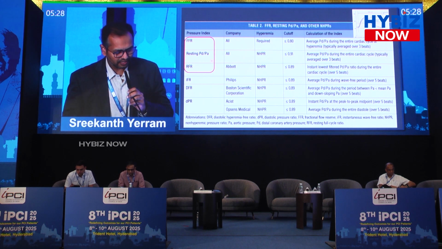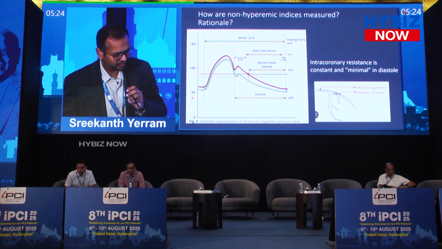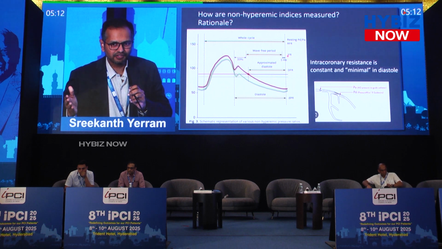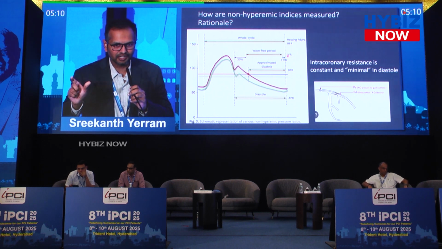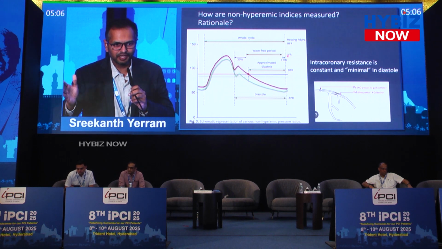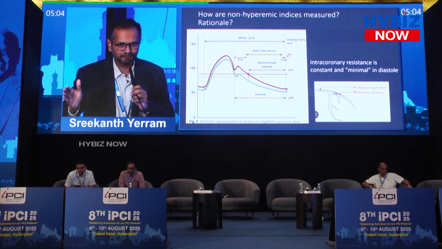If you look at this cardiac cycle, the IFR measures the Pd by Pa only in this part of the diastole. So why do these measures measure in a particular part of the diastole? Because in the later part of diastole, the microvascular resistance is constant.